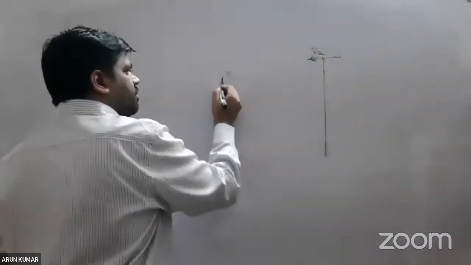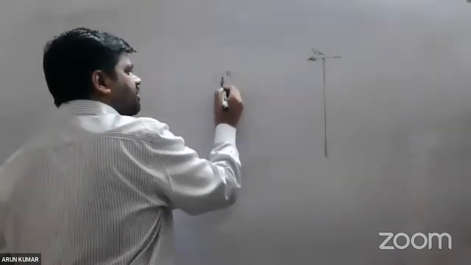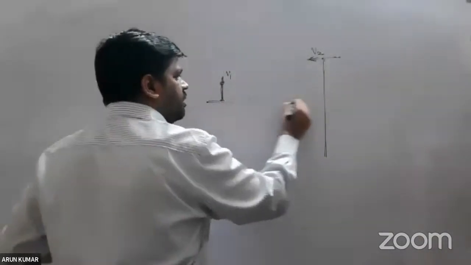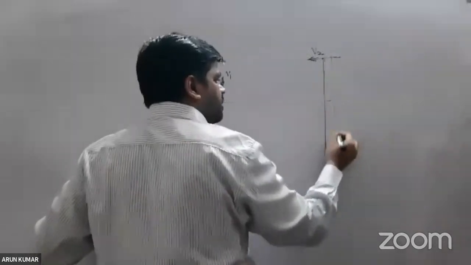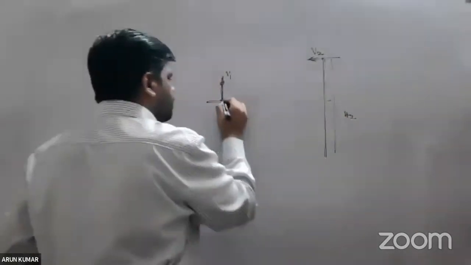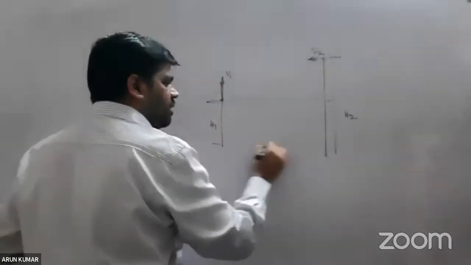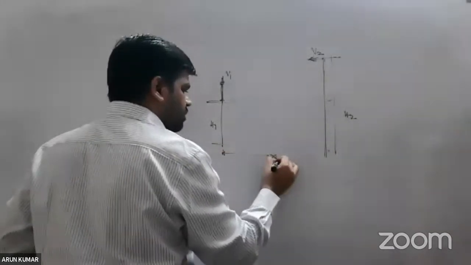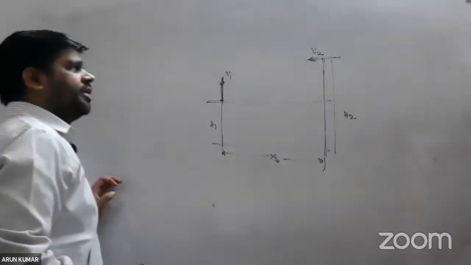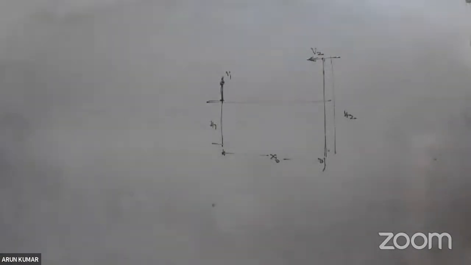I have to find the condition for them to collide. This is H2, this is H1, and this is X0. With this, we'll stop. Because I haven't done any problem on this concept, I'm doing it now.